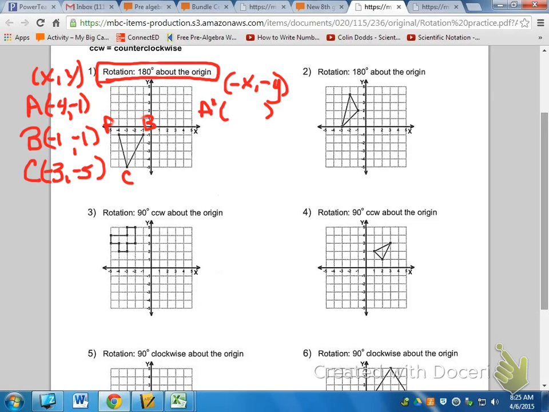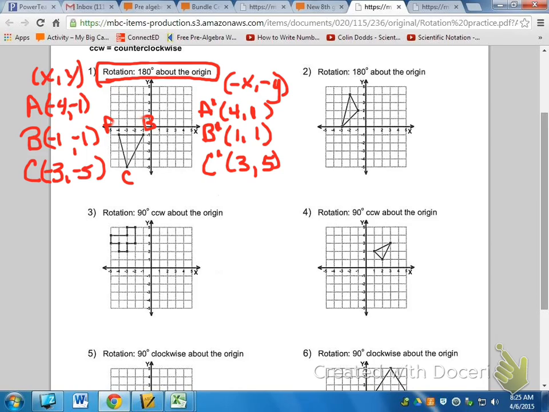And what would A prime be if A is negative 4, negative 1? What would it be? Anybody know? Kayla? 4, 1. It changes them both. Okay, let's look at B prime. What would B prime be if we applied 180 degree rotation? Lindsay? 1, 1. And then what about C prime? What would that become? Morgan? 3, 5.